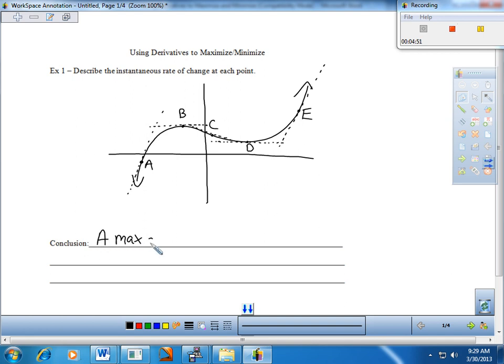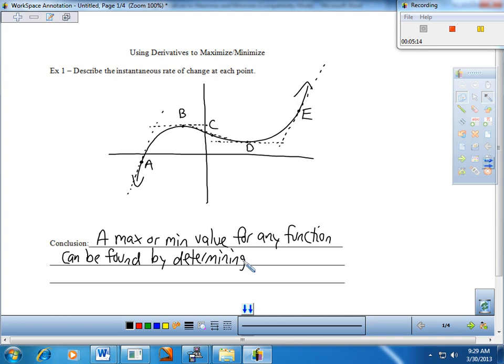A max or min for any function can definitely be found by determining, and let's get this other piece in play here, where the slope of the tangent line, of course, and when we talk about the slope of the tangent line, what we're talking about is, of course, the derivative.